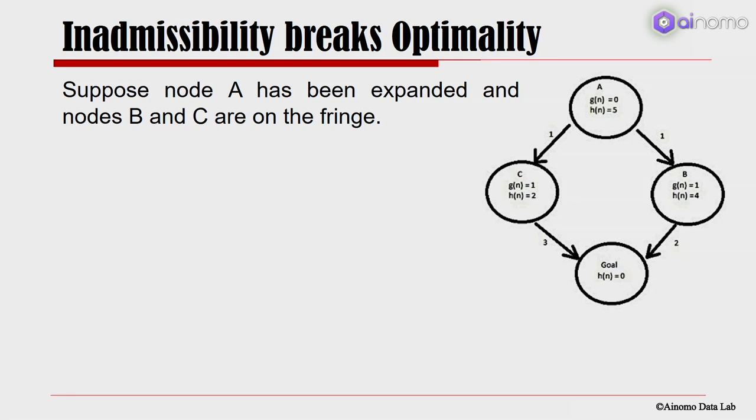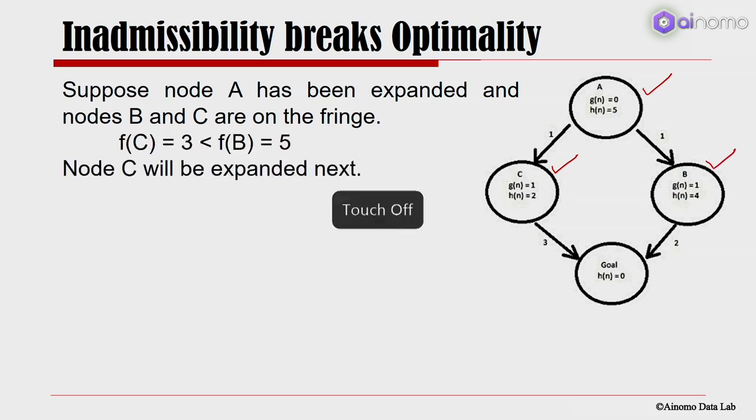Suppose node A has been expanded and I get 2 nodes B and C on the fringe. Now if you look at the cost of the nodes C and B and try to understand which node to expand, you will see that this cost is made up of 2 different costs.